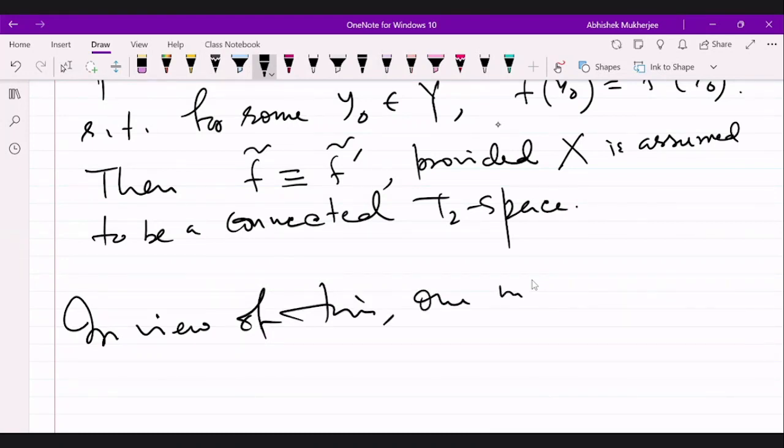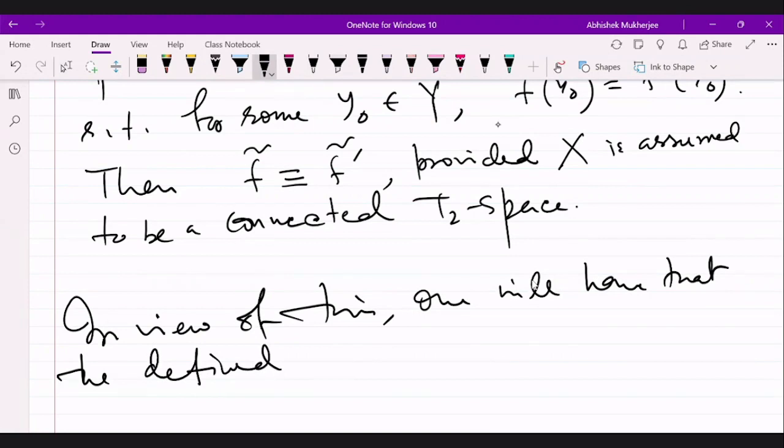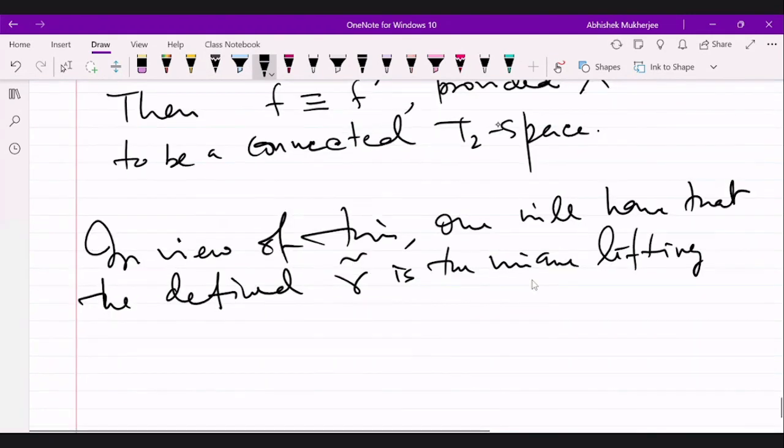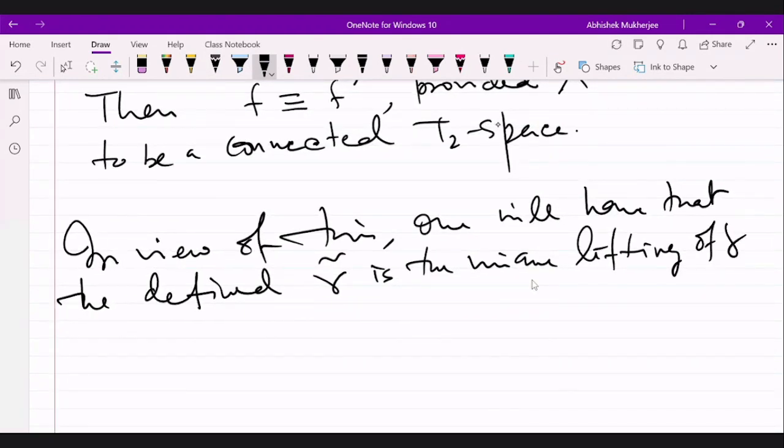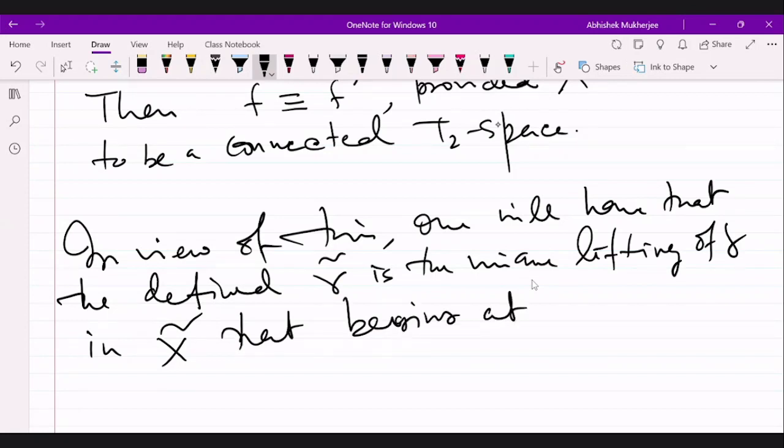one will have that the defined gamma tilde is the unique lifting of gamma in X tilde that begins at e naught.